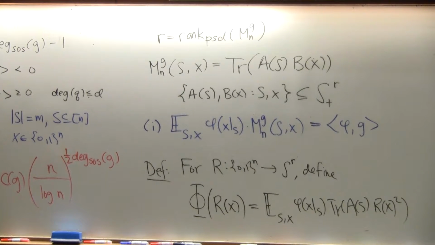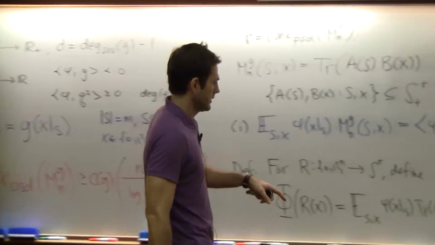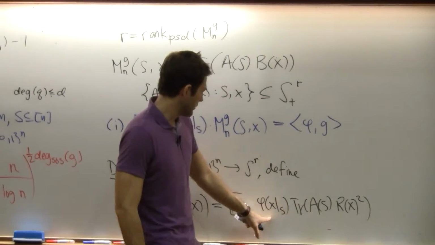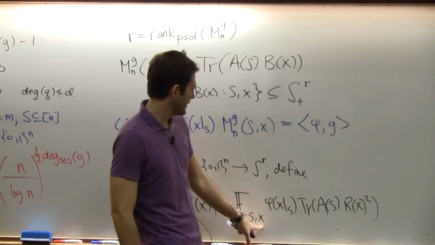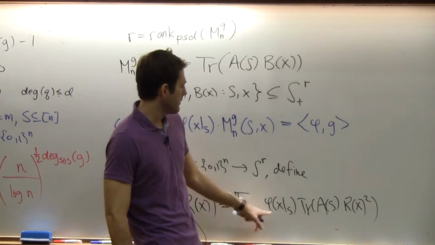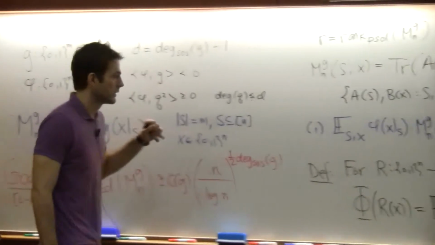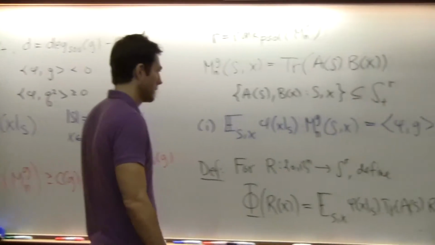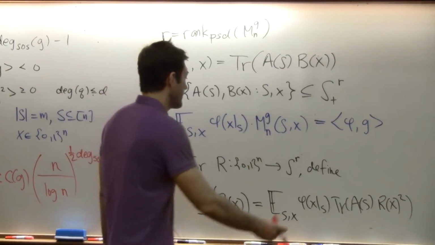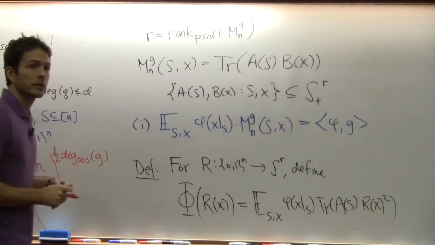If you think there's a type error here, the only issue would be this thing. This is an n-dimensional vector, but S is size m, so this restriction is an m-dimensional vector. The Rx squared in the end is the matrix square of Rx. So I take the matrix and square it.